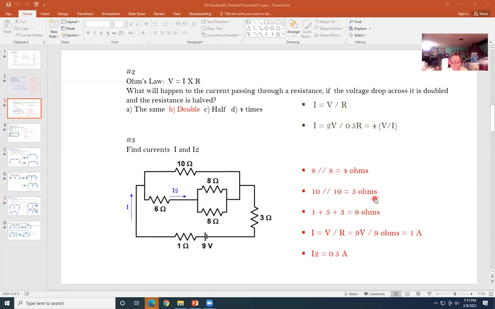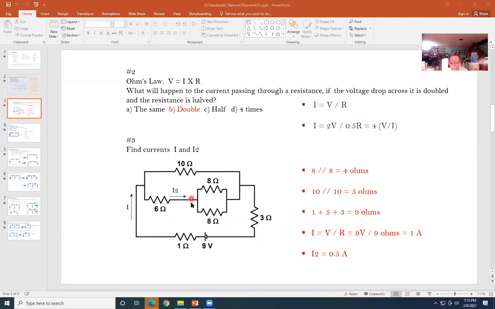So that's why you get 5 ohm. Okay, and now you have a voltage of 9 volt here. You divide by the total resistance, which means the total will be 9 ohm. I equals V divided by R. You get 1 amp. And I2 here, you can get 0.5.